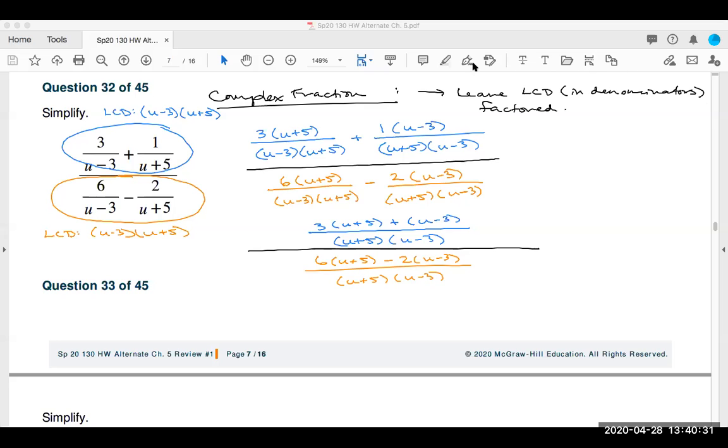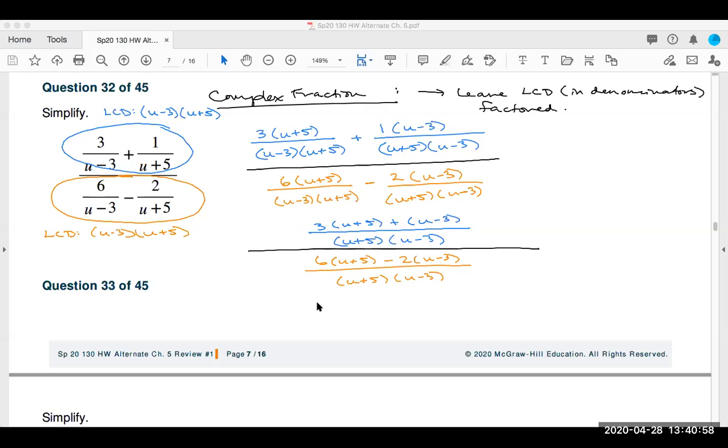Okay. Second, I gotta pop up here. Okay. All right. So next, we're gonna go ahead and distribute and simplify the numerators of our fractions. So this part here and this part here. All right.